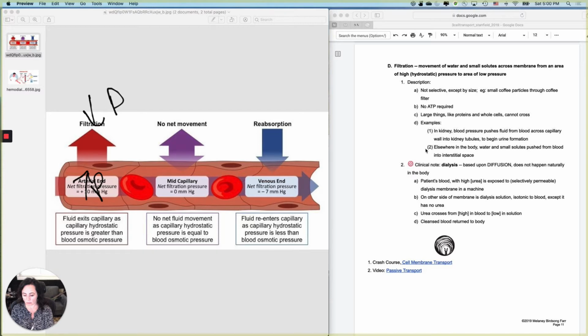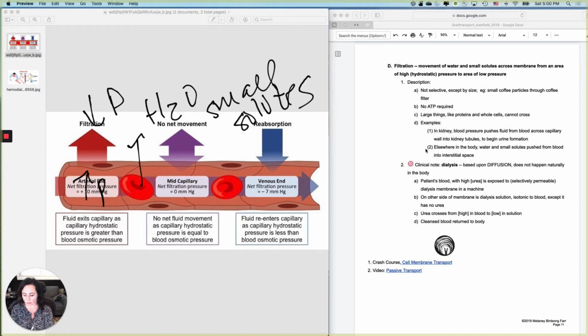And so what's going to happen in those locations is, if there is any porosity or any holes at all, water and small solutes are going to get pushed from high pressure to low pressure. And so it's not at all going to be selective. It's not going to move down something's concentration gradient. It's only going to be selective by size.